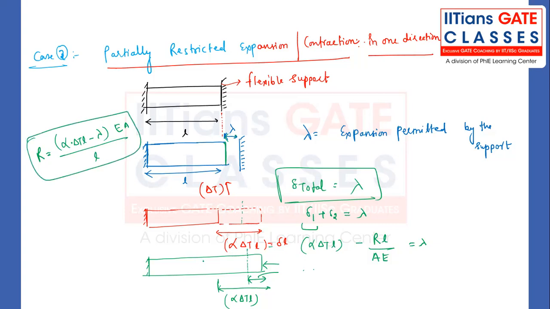Just like the same previous formula, but in the previous case, we have not seen any lambda. No expansion was permitted. But here we have provided some kind of expansion, my dear friend. Right? Total deformation is what? Alpha into delta T into L minus of what? Some amount of restriction has been provided by the flexible support. Right? Make a note of it.